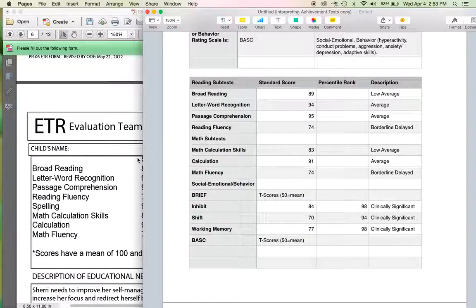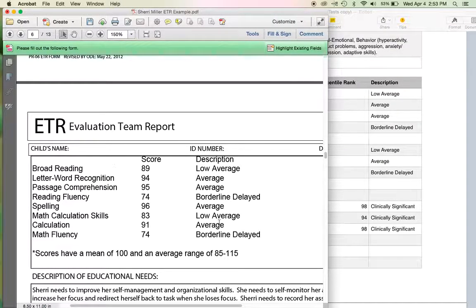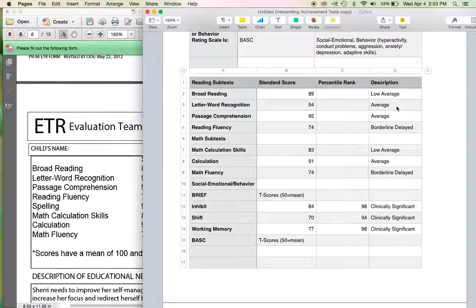So I used the descriptions that were provided here in the ETR to fill in the description, whether the child is average, low average, wherever they fall on that normal curve.